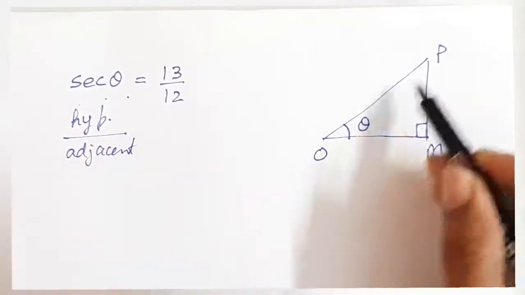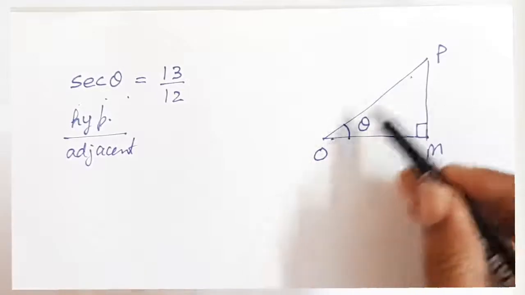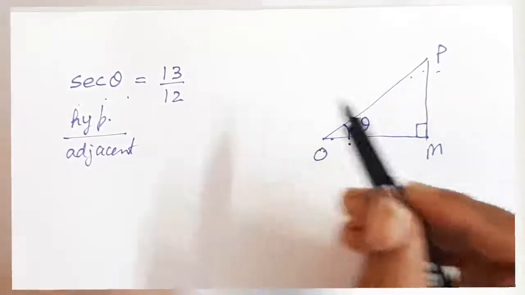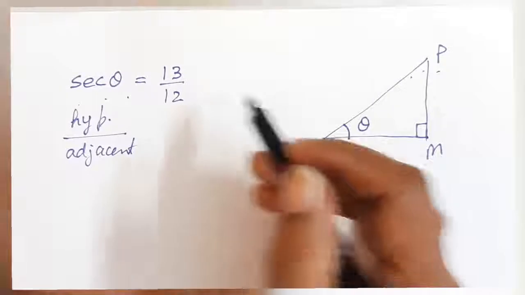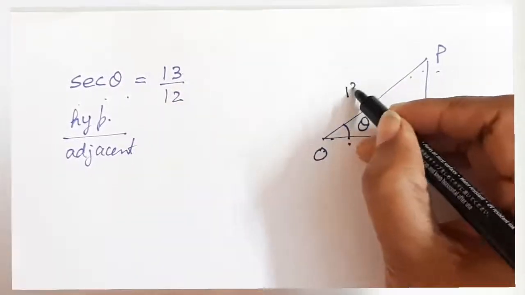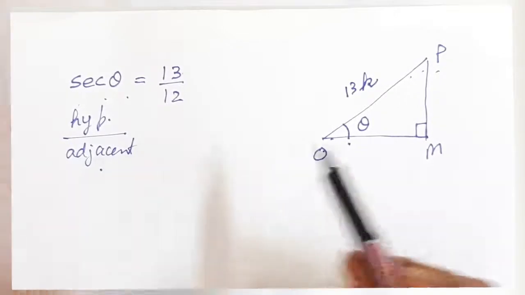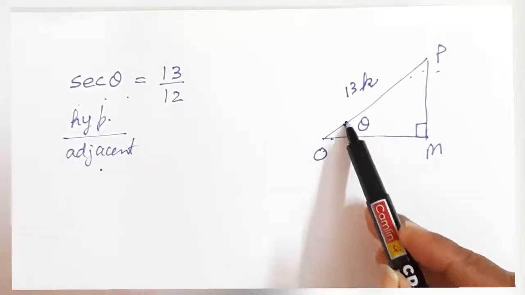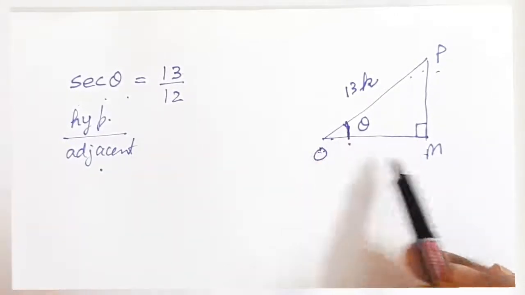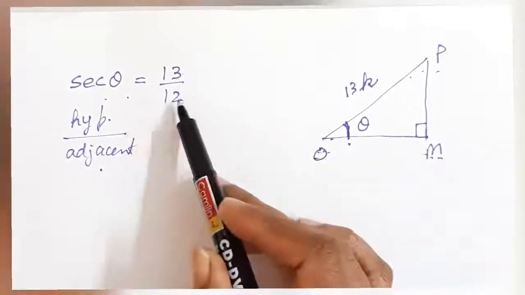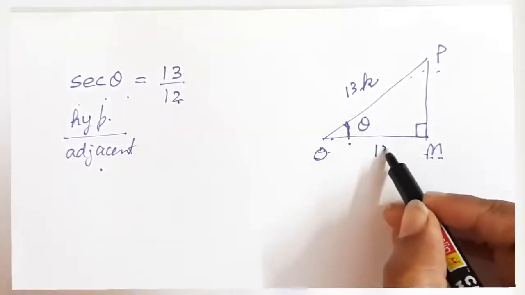Now you can see in the diagram, hypotenuse is OP. So let us consider OP as 13K and the adjacent side to theta is OM. So let us consider OM as 12K.